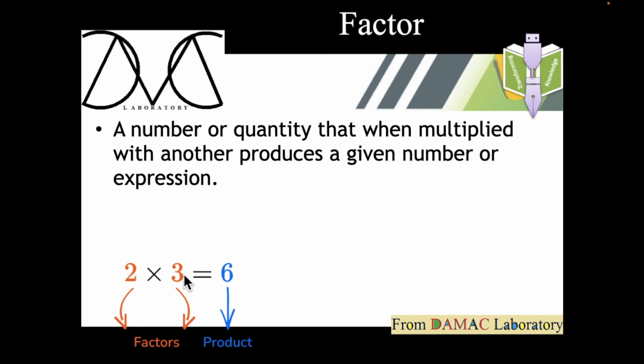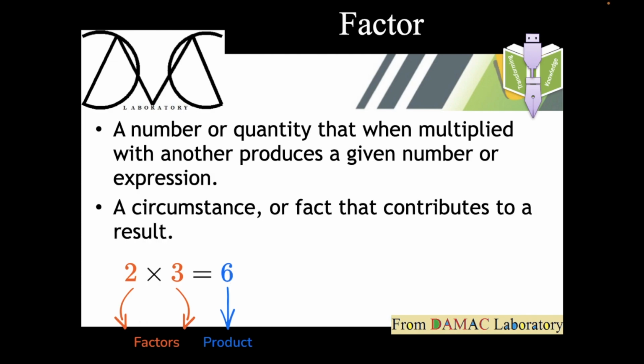A factor is a number or quantity that, when multiplied with another, here A and B, produces a given number. It is also a circumstance or fact that contributes to a result. These are the circumstances which produce the result, this 6.